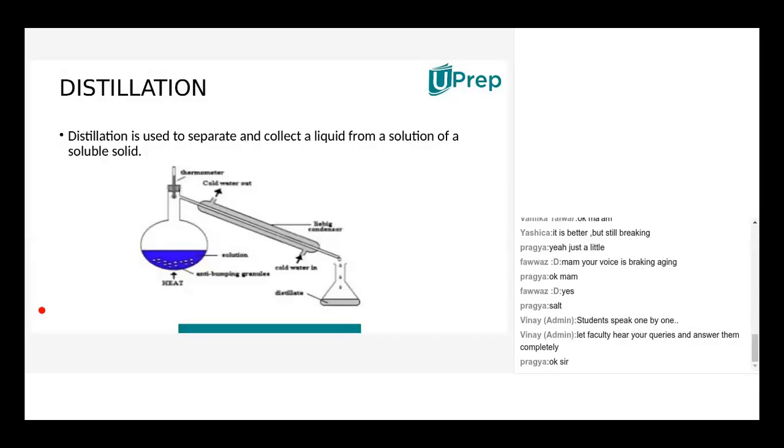What is the main principle involved in it, children? Boiling point. Why? Because alcohol has a separate boiling point and water has a separate boiling point. So when you have taken the sample in it, the water, when it attains 100 degrees Celsius, will come out from the round bottom flask.